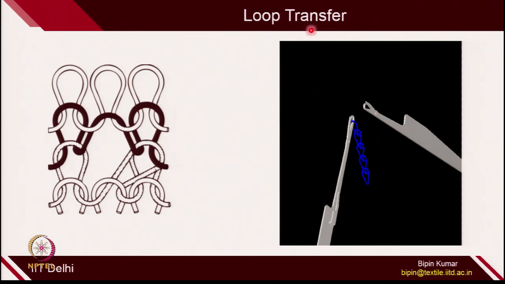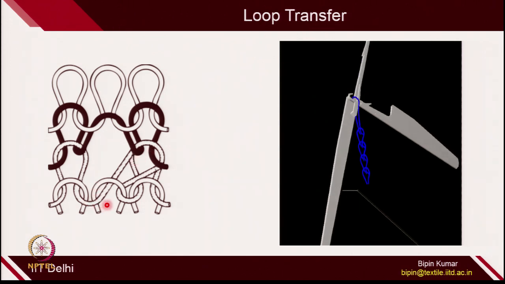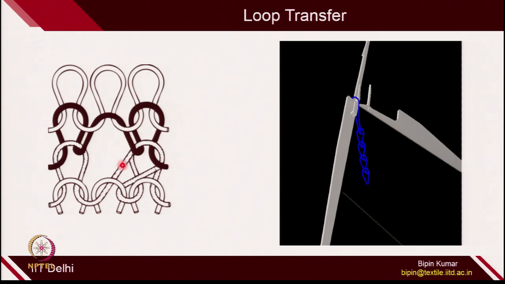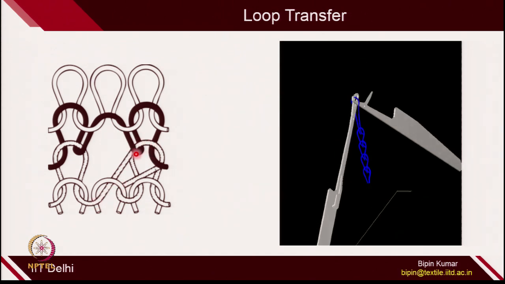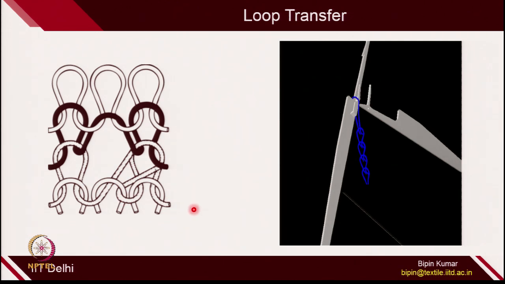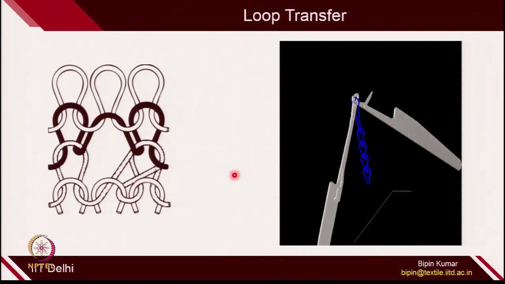Also, loop transfer can be very useful when you want to shift a loop from one column to other columns. If you see here, the second column loop was supposed to make interlacements with the top loop, but this loop has been shifted from the second column to the third column. So, loop transfer is a very fundamental function which gives you a lot of design possibilities.